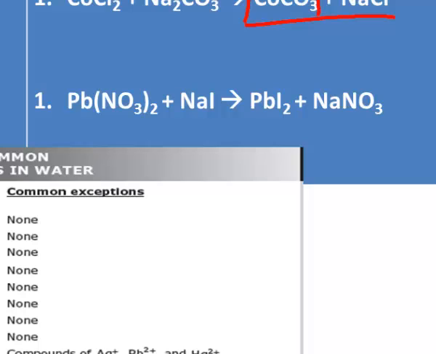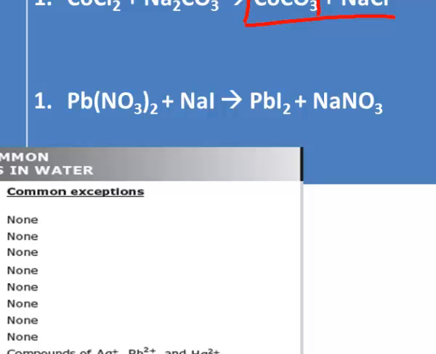The next one is a little bit more difficult. Okay, so lead 2 iodide. Iodide is soluble unless it's bonded to silver, lead, or mercury. Oh, we got a lead bonded to that iodide.